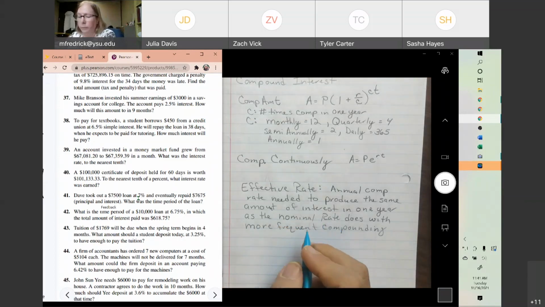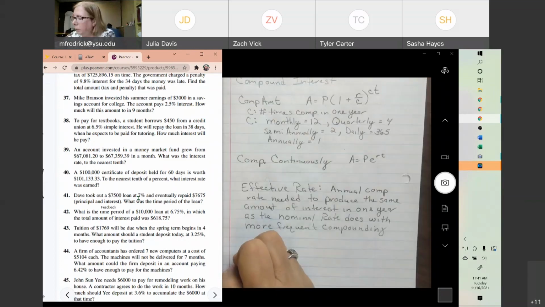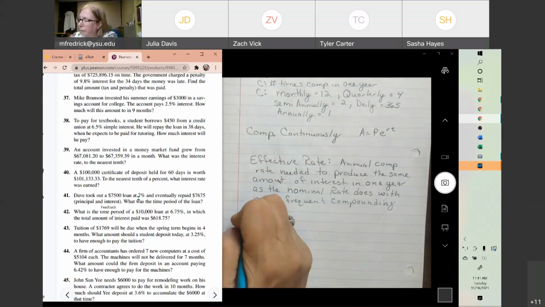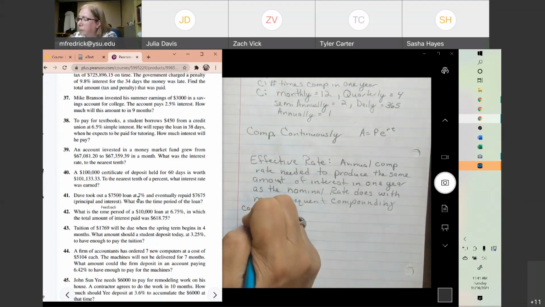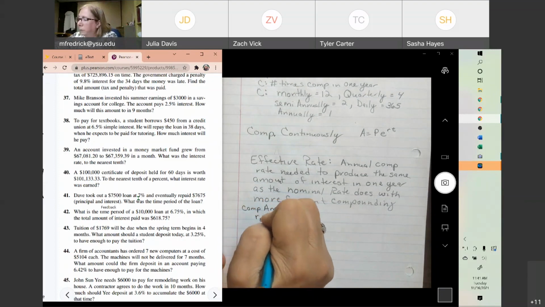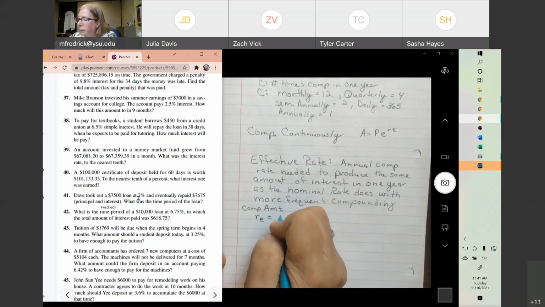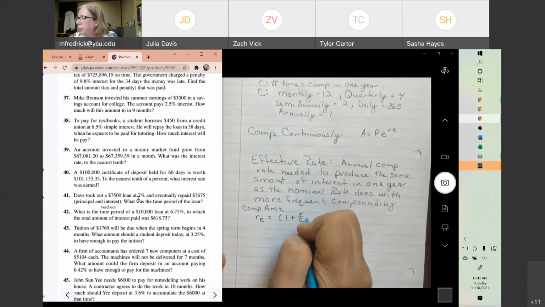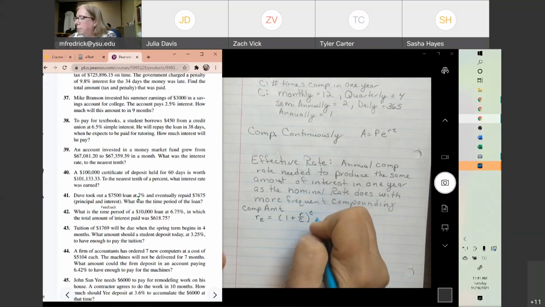For the variable, they use RE. If it's a compounded amount, the formula is 1 plus R over C to the C, minus 1.